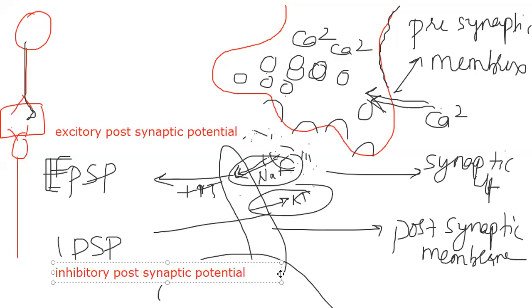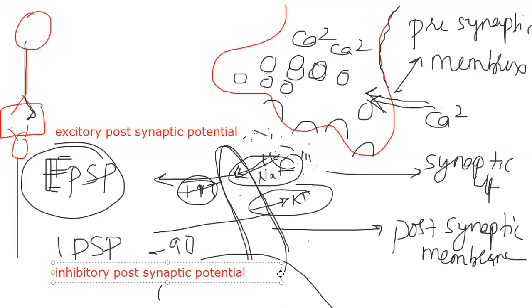That means you are sending information to increase the heartbeat, that means you are exciting that area. In excitatory postsynaptic potential, this is the postsynaptic membrane, and the voltage here is called the postsynaptic potential, positive. Then if it is minus 90, what do you say? Inhibitory postsynaptic potential. Excitatory postsynaptic potential and inhibitory postsynaptic potential.